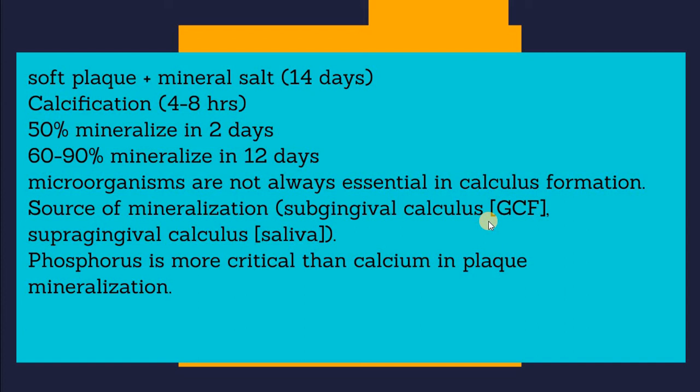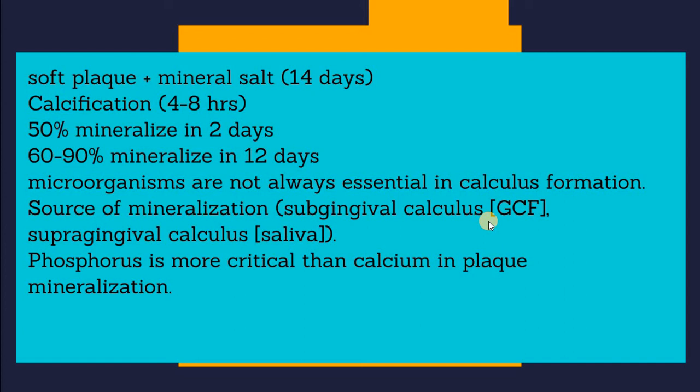And also we should know that microorganisms are not always essential in calculus formation, because we have research that found calculus occurs readily in germ-free rodents. So it's not necessary for bacteria to be present inside the calculus.